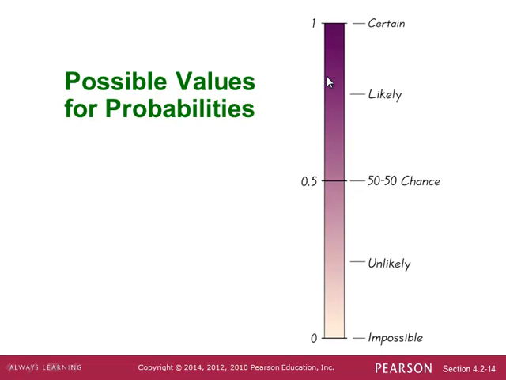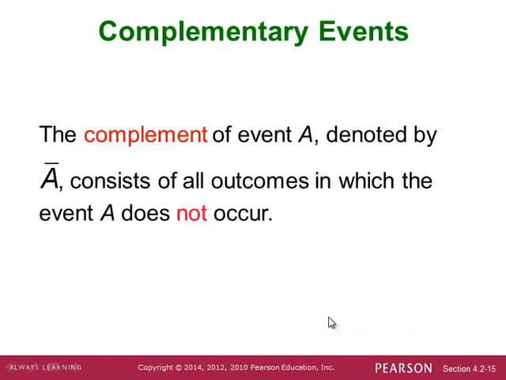Between 0.5 and 1, it's more likely than not going to happen. Of course, with the probability getting closer and closer to 1, the more likely it is to happen. And on the other side, with the probability being less than 0.5, it's less likely to happen, and the closer you are to 0, the less likely it is to happen.